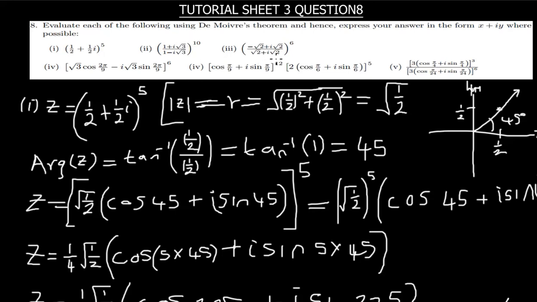The way you do them, you convert the numerator into polar form, and then you convert also the denominator into polar form to look something like this. But immediately after converting them, you can now start doing the steps that I just did on question 6.